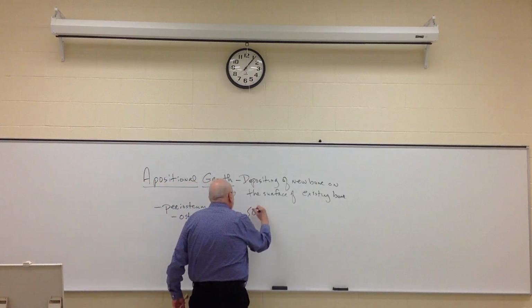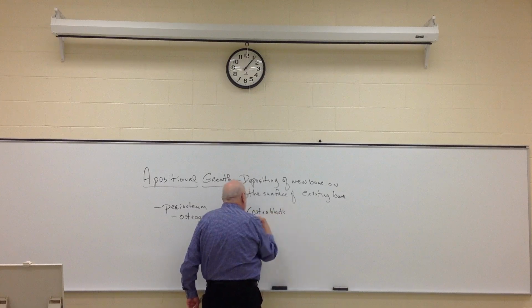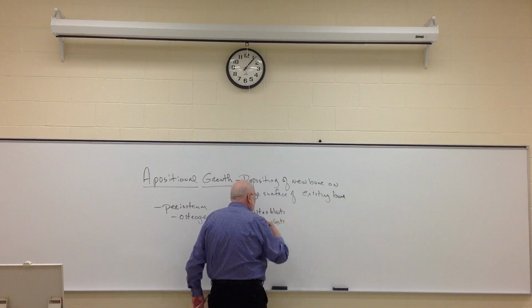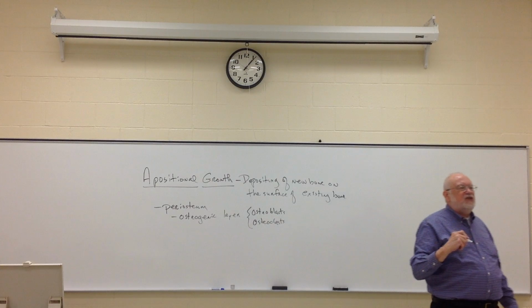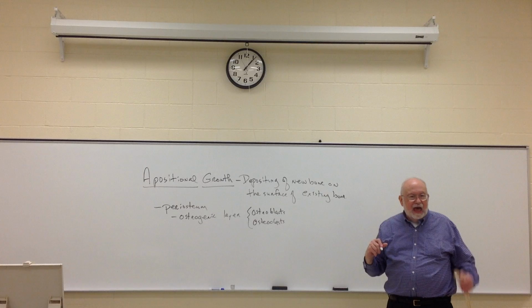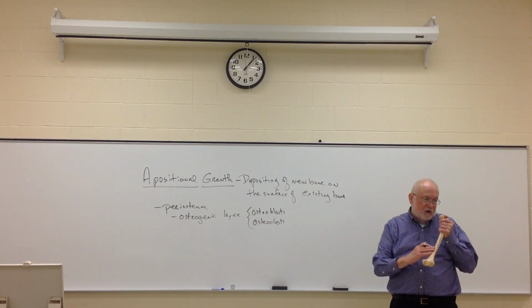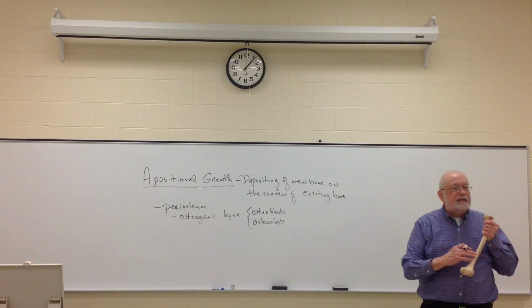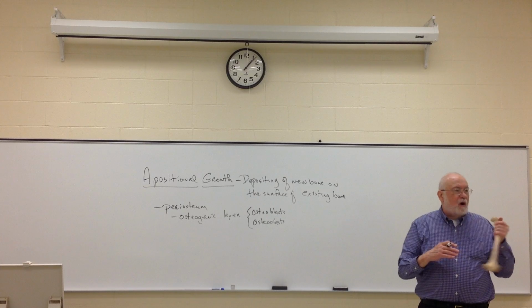Our old friends, osteoblasts and a few osteoclasts, right? Now what do those osteoblasts do? Create new bone. And they create it right on the surface of what's already here. What's the role of the osteoclasts? Break down and remove old bone.